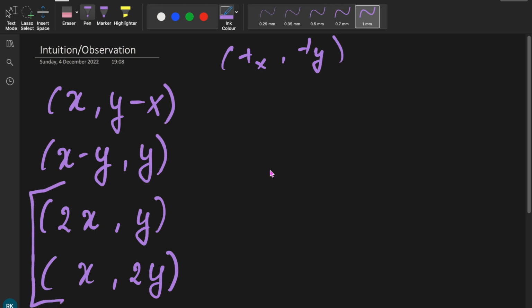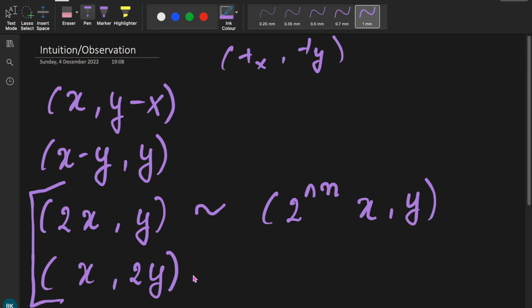How? Let's assume I am performing this operation n times. So I can write this as 2 to the power n x comma y. I am performing this operation n times, so I can definitely write this as 2 to the power n x comma y.